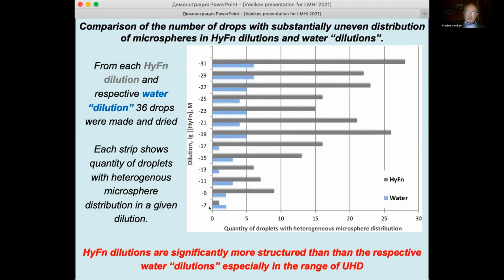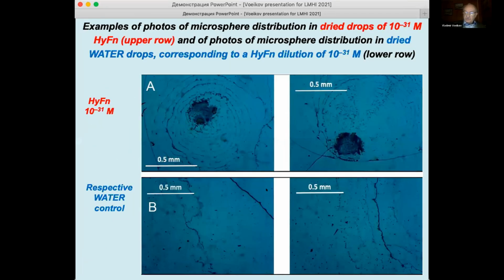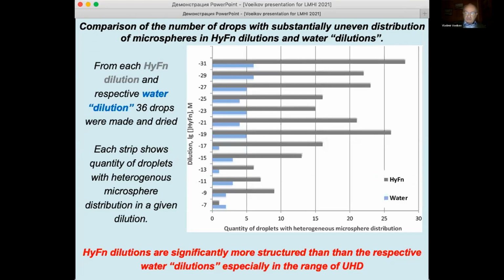Here we compare the appearance of droplets with heterogeneous microsphere distribution. For 10 to the minus 7, there are practically no such droplets, but already for 10 to the minus 9, there appear in hydrated fullerene ultra-high dilutions many more droplets with some kind of organization.